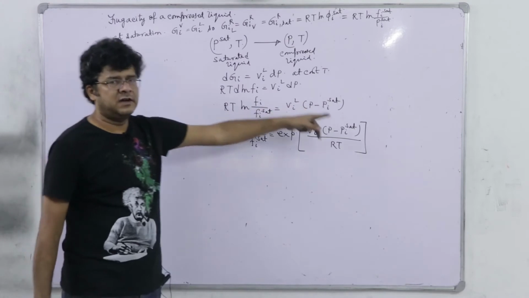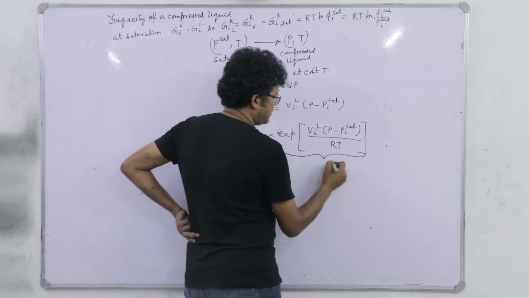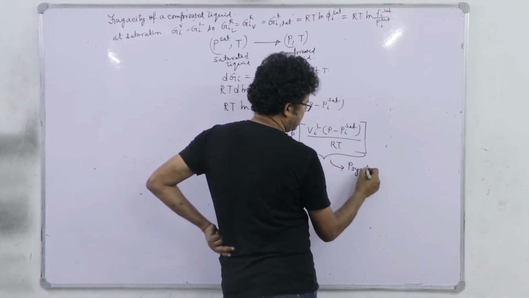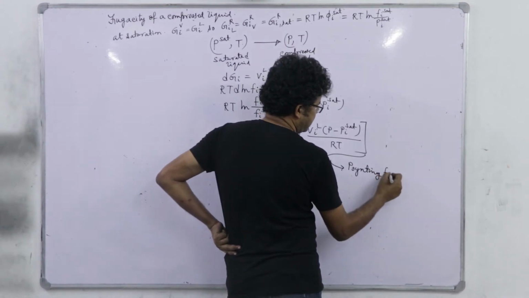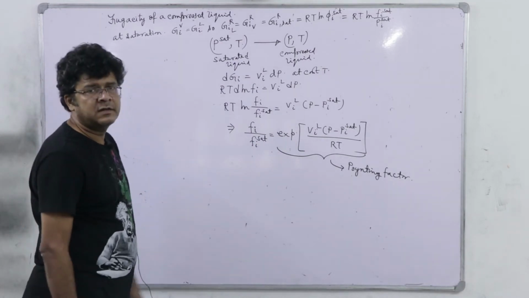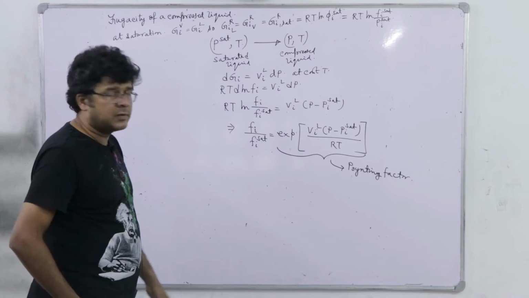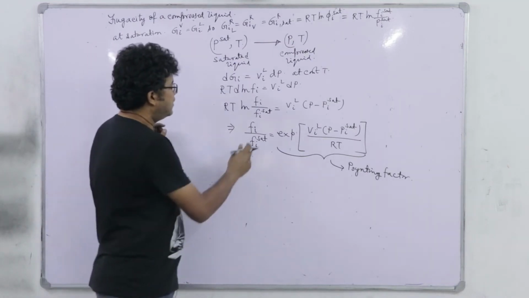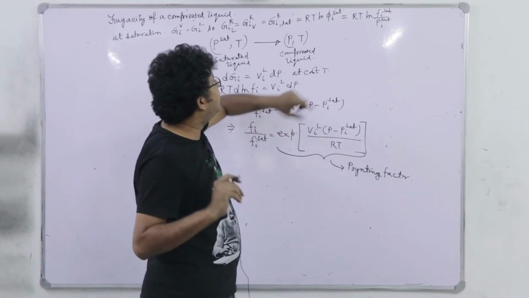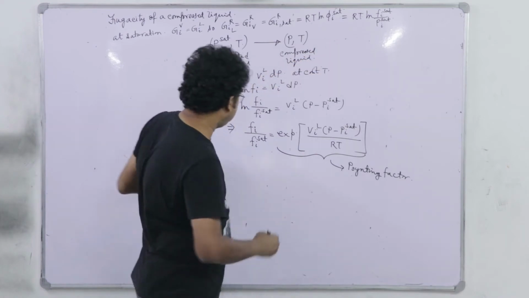And this exponential term entirely is called the Poynting factor, after the name of the scientist, Henry Poynting, who actually proposed this compressed liquid fugacity concept. Now, fi sat we cannot calculate directly; we calculate phi i sat, so that phi i sat into Pi sat will be equal to fi sat.